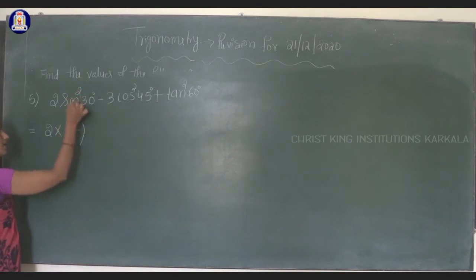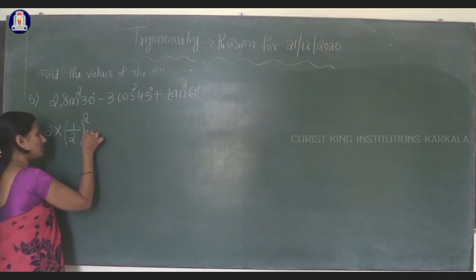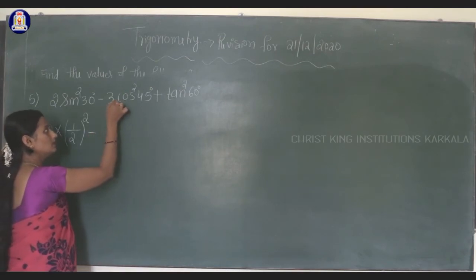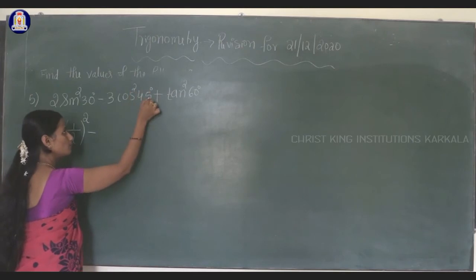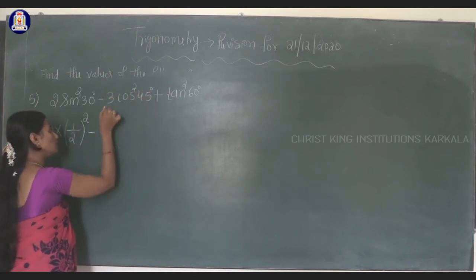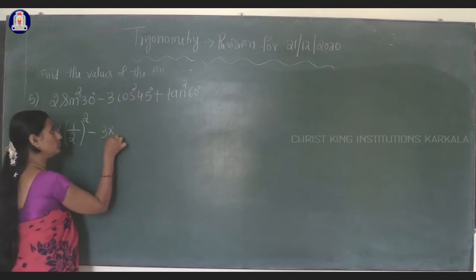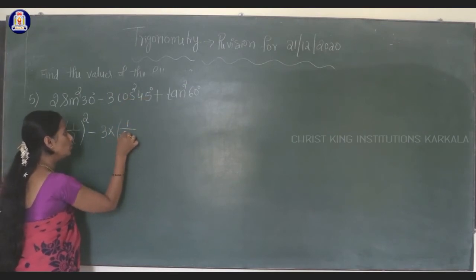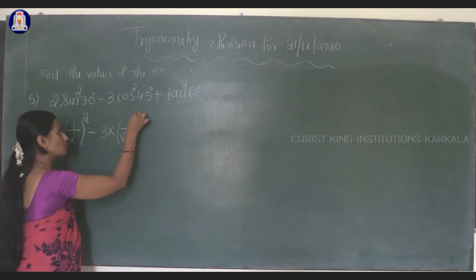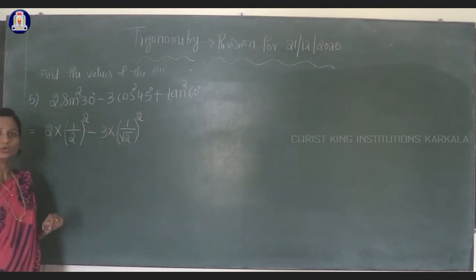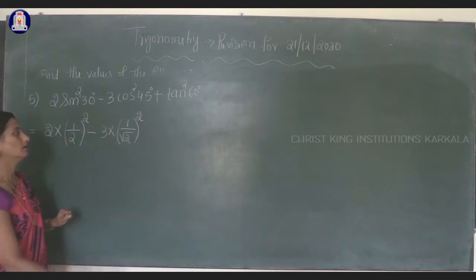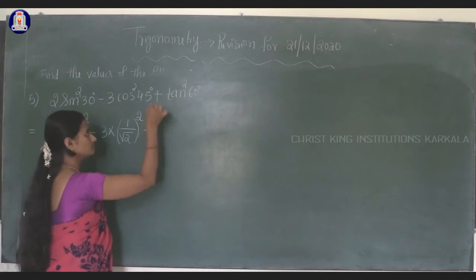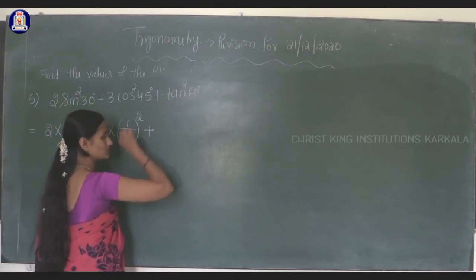So sin square 30 is 1 by 2 whole square, minus 3 into cos square 45 degree. Cos 45 is 1 by root 2, so cos square is 1 by root 2 whole square, plus tan square 60.